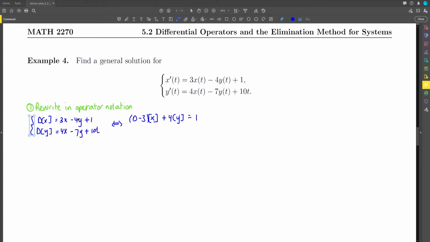So I brought the 4y to the other side. On the second equation, I'm going to start with x to keep the same grouping as in the first equation. So I'm going to first subtract 4x, and then I'm going to write plus D plus 7 acting on y, and that equals 10t.